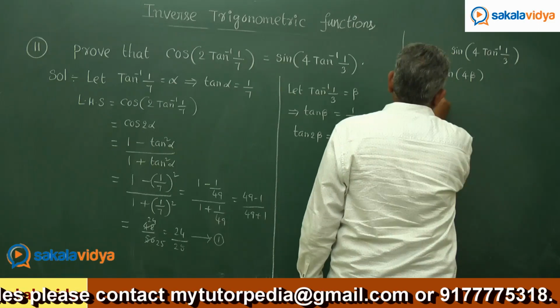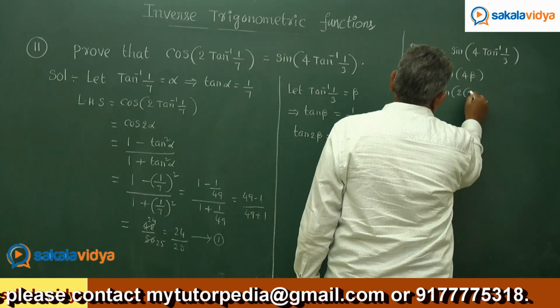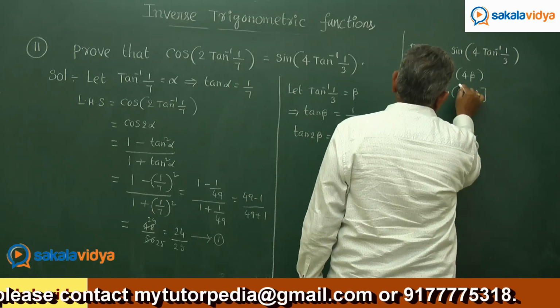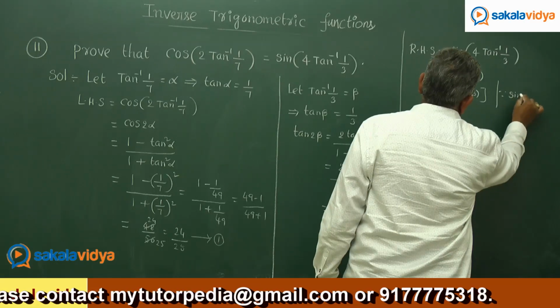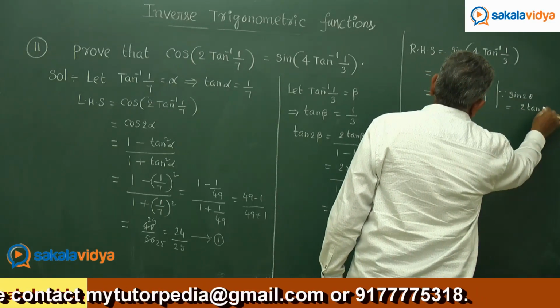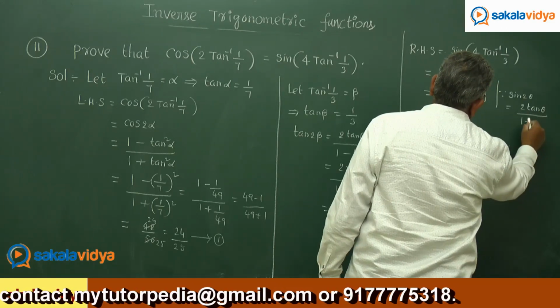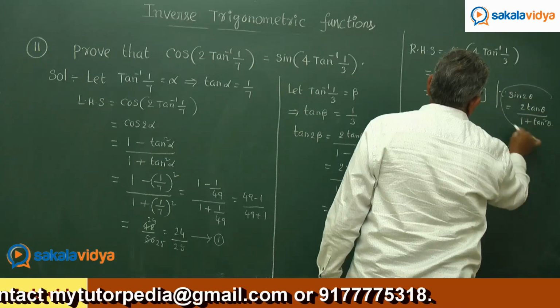This 4 beta can be written sin of 2 times 2 beta. Just like it appears to be sin 2 theta. Sin 2 theta is 2 tan theta by 1 plus tan square theta. This is the basic formula we have.